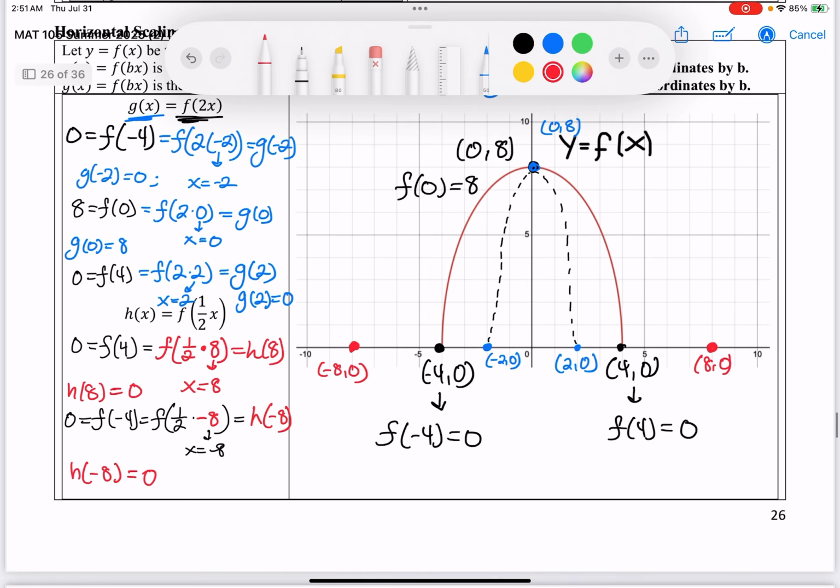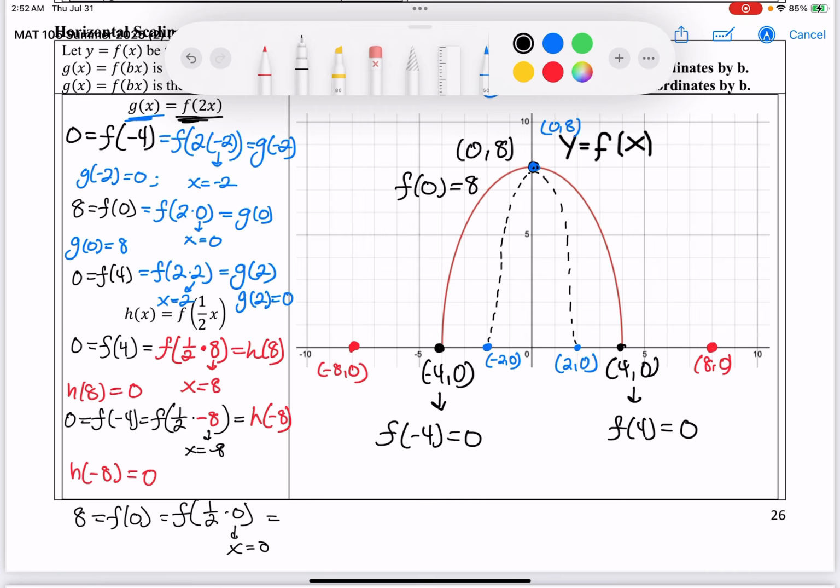And then, as we can see, the top one shouldn't change. That's going to remain the same. We know f of 0 is 8. So 8 equals f of 0. f of 1/2 times 0. Well, anything times 0 is 0, so the x is equal to 0.